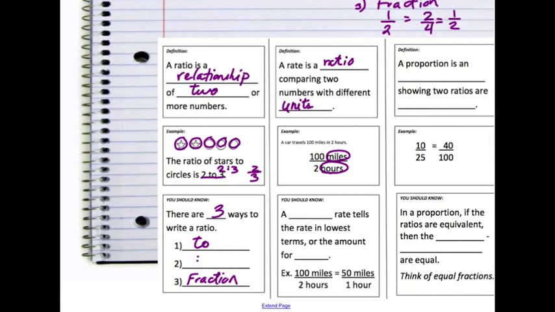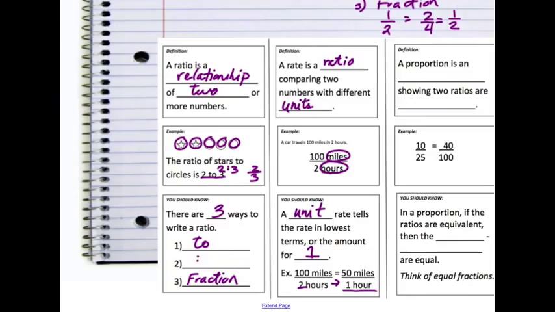What you should know is that a unit rate tells the rate in lowest terms, or the amount for 1. So when I have a unit rate, I want my denominator to be equal to 1. So for example, if I had 100 miles for every 2 hours, I would want to make that 2 turn into a 1.